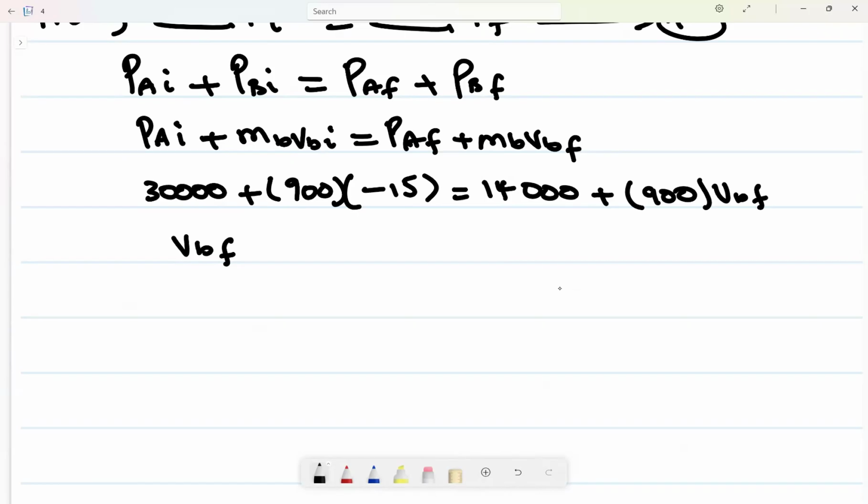You're going to say 30,000 plus 900 multiplied by negative 15, then minus 14,000. I get an answer of 2.5 divided by 900. I get an answer of 2.7777, which is 2.78 meters per second.